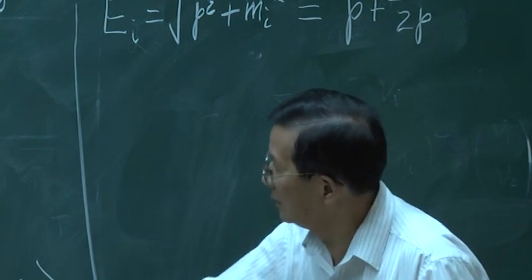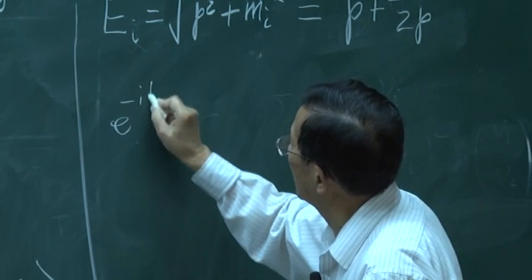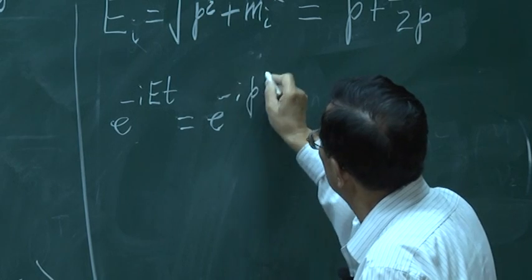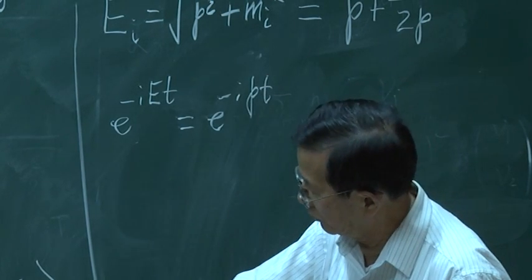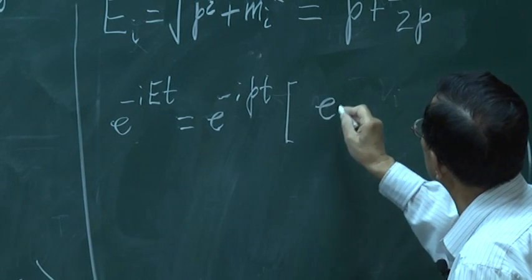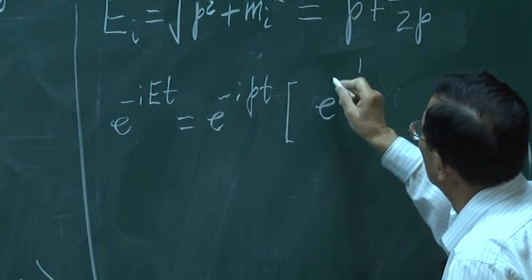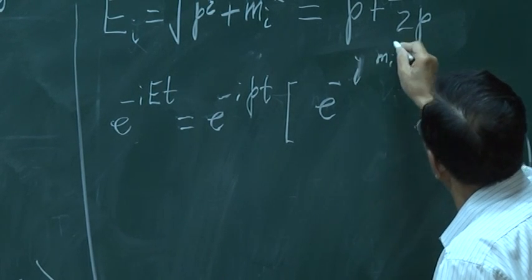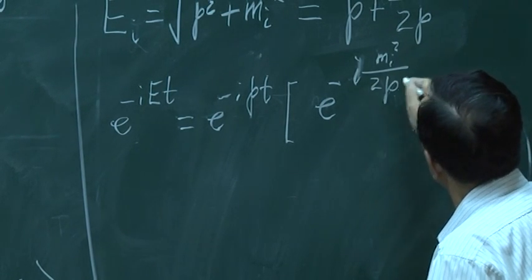Then this e to the minus i E i t will be equal to e to the minus i p t, that's common to all mass eigenstates. And then I have this factor e to the minus i m i squared t divided by 2p.